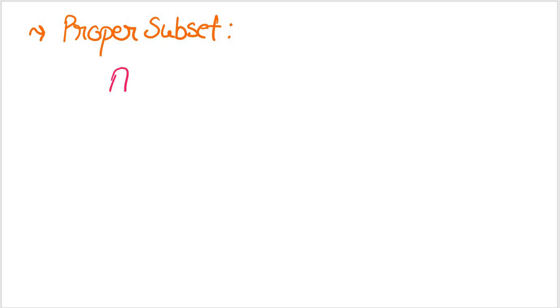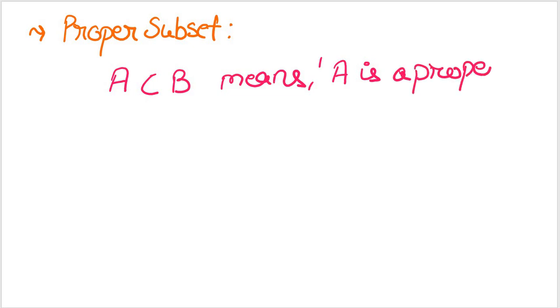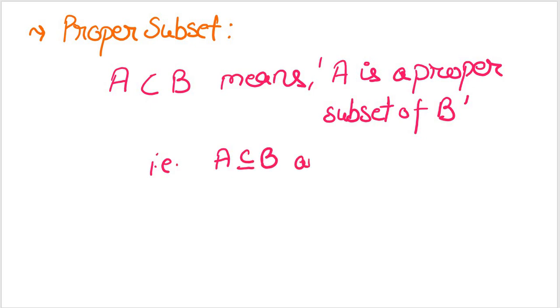If I'm writing A with this symbol B, this means that A is a proper subset of B. That means A is a subset of B, and in addition to this, A is not equal to B. That's why we are able to get this particular thing.